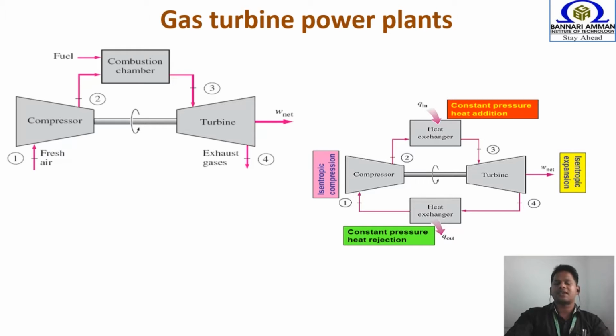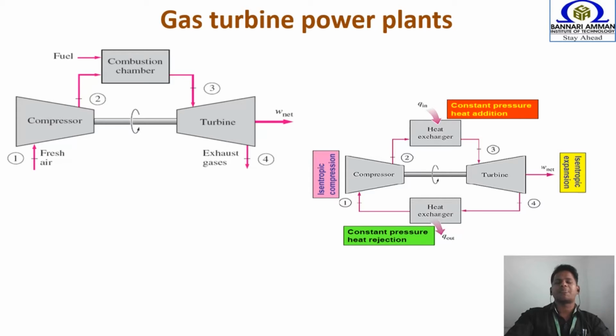In the open Brayton cycle, initially we have a compressor. This compressor takes the atmospheric air and compresses the same air to high pressure and high temperature. Already we have studied this concept of isothermal compression and isentropic compression in thermodynamics, where we understood the concept of compressing the gas. While compressing the gas, our ultimate aim is to increase the pressure.